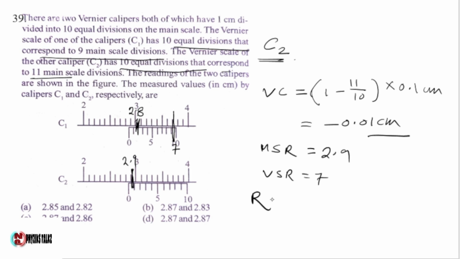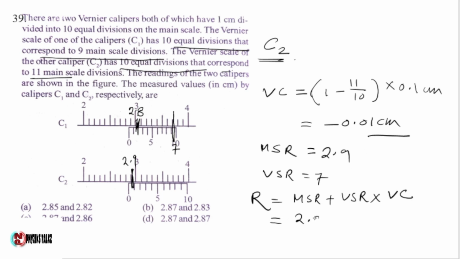So the reading is MSR plus VSR into VC, where VC is the vernier constant.